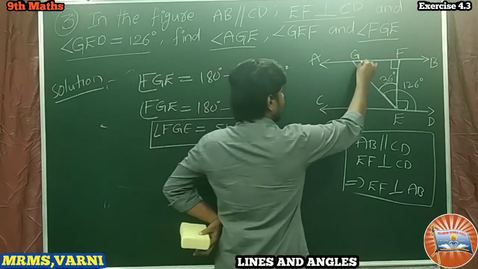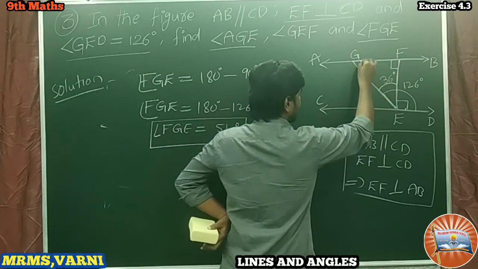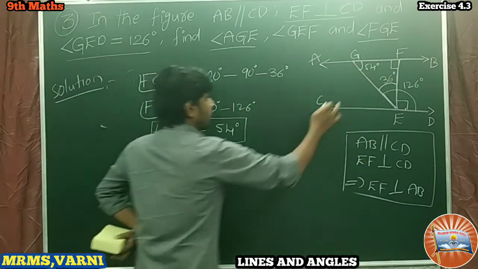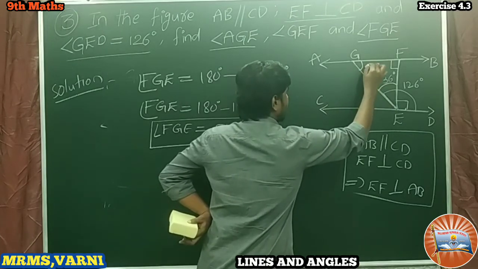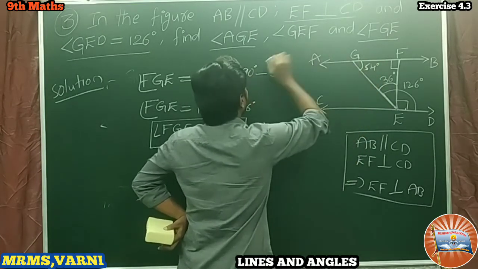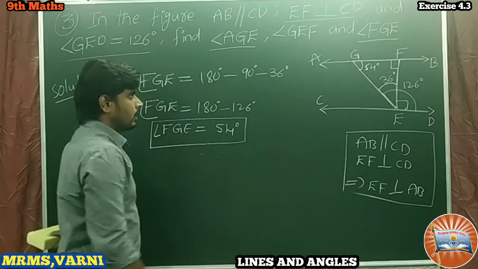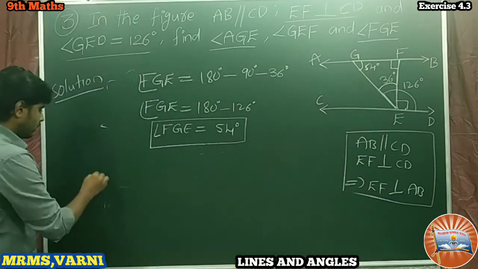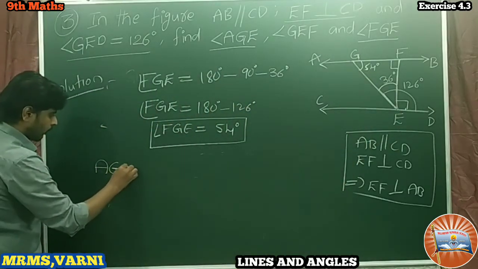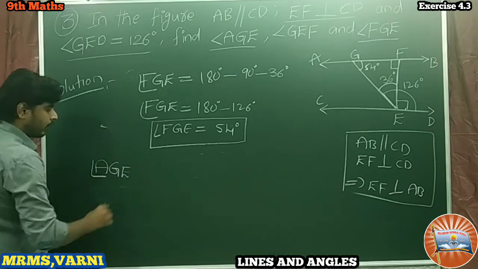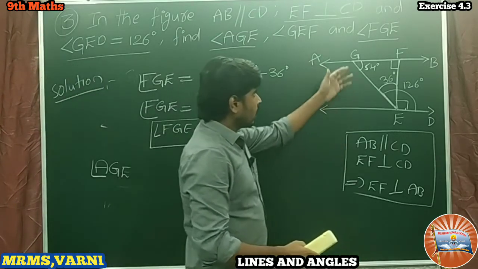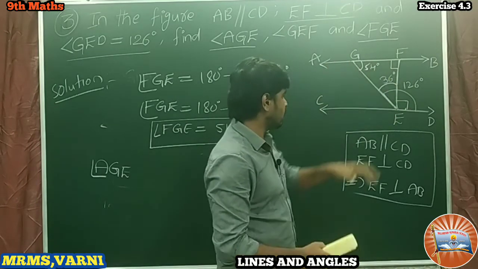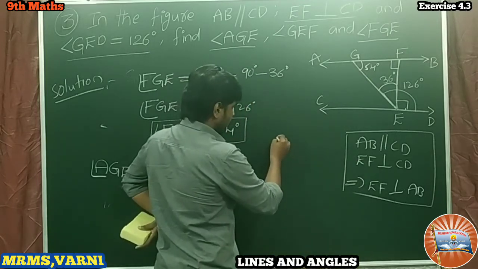This is angle FGE, 54 degrees. Now we have to find AGE. This is the AGE angle. Look here, EFG is a triangle. I am drawing the figure.